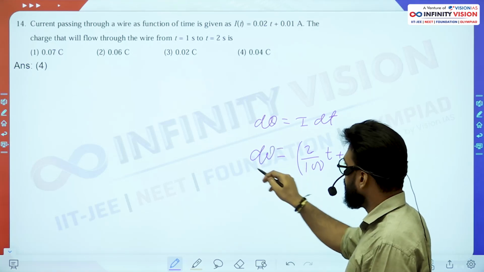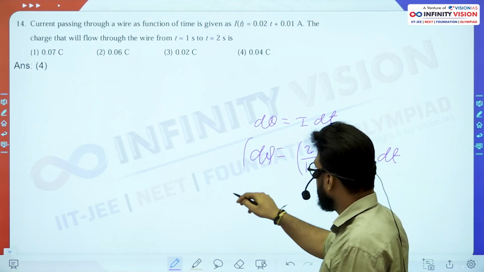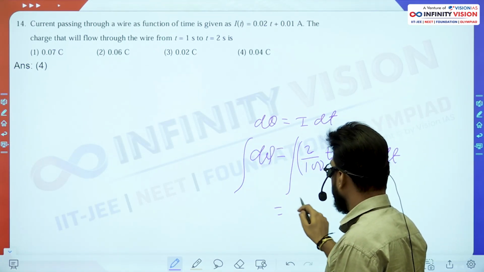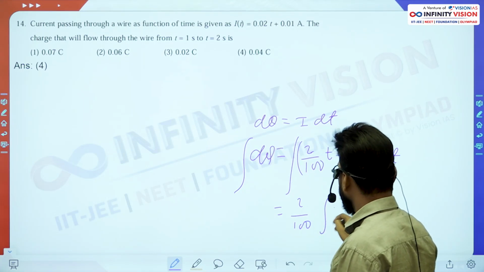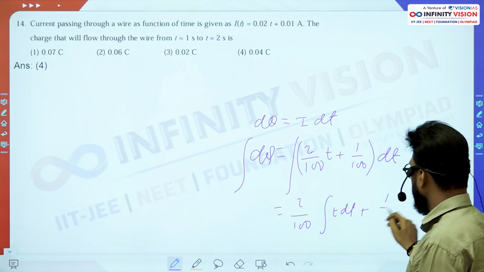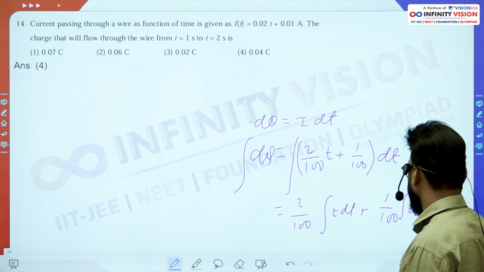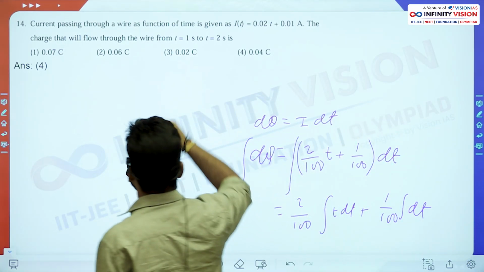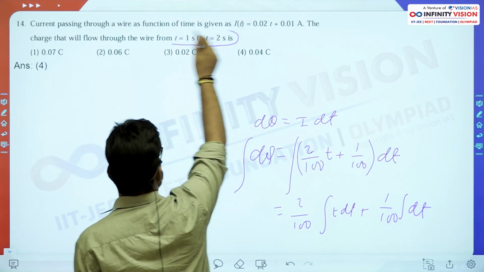Okay, so you need to find out, we're gonna integrate both the side. So this is how you're gonna find out 2 by 100 integration of t dt plus 1 upon 100 integration of dt. So you need to find out the charge that flows from t is equal to 1 to t is equal to 2 seconds.